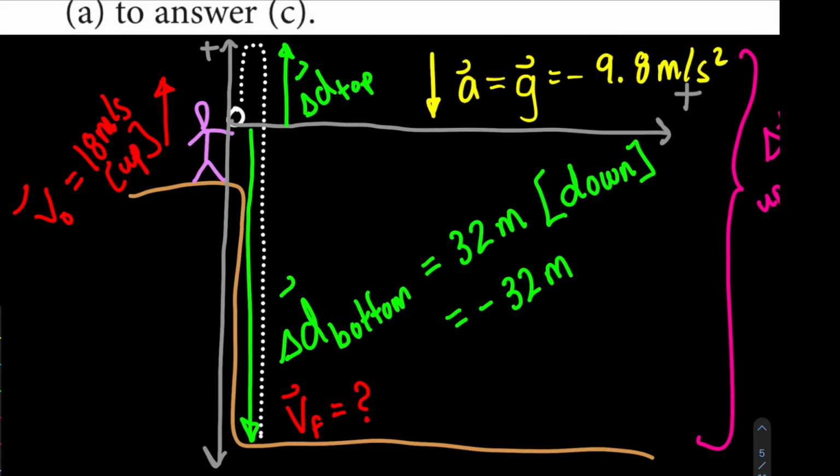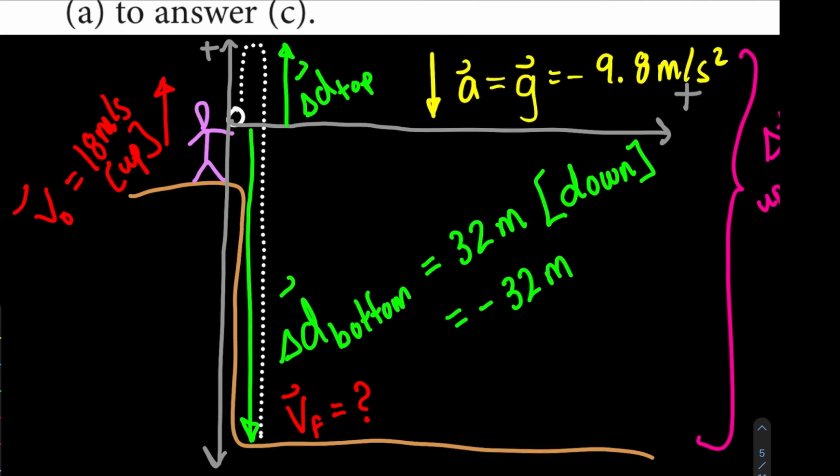Whenever you throw objects up into the air, as the object is rising, it is slowing down, because the acceleration points down and the velocity points up. Once it reaches the maximum height, we say that the object is momentarily at rest.